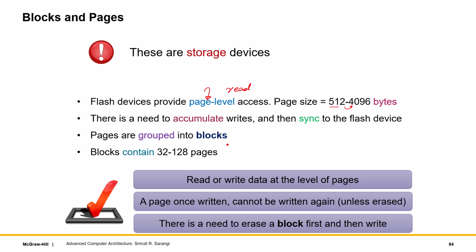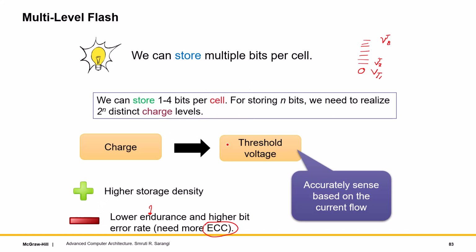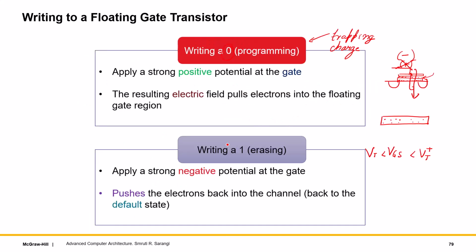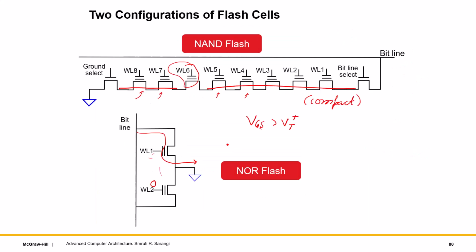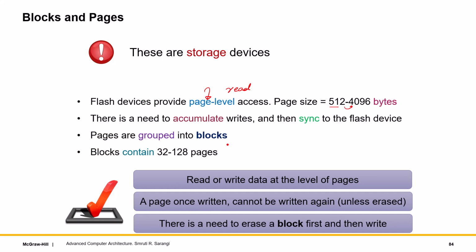All right. So if I just go back to the programming slide, which was here, writing a 0 would be programming, right? And writing a 1 would be erasing. So in an unwritten state, everything contains ones until you convert a 1 to a 0.